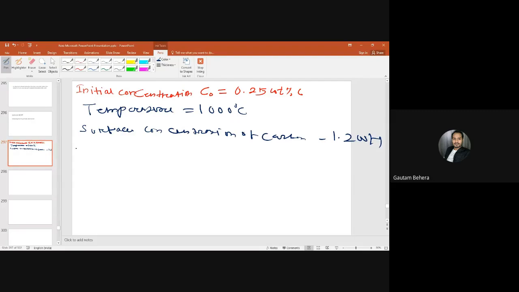The depth from the surface is given, that is 1.5 mm. Up to this depth, we have to increase the carbon concentration up to 0.5%.